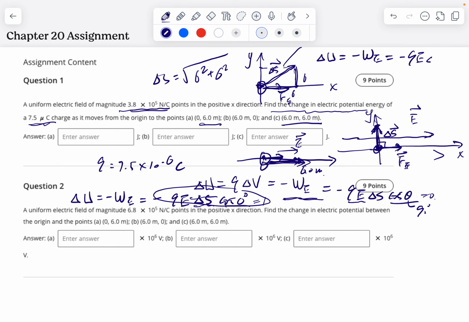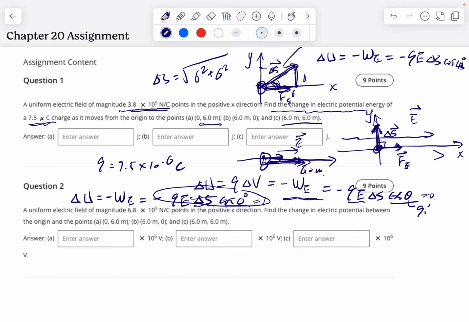And the angle between force and displacement here is 45 degrees. So you will get the answer.